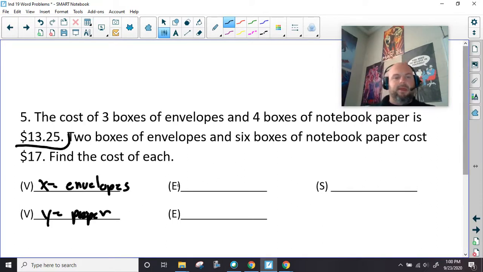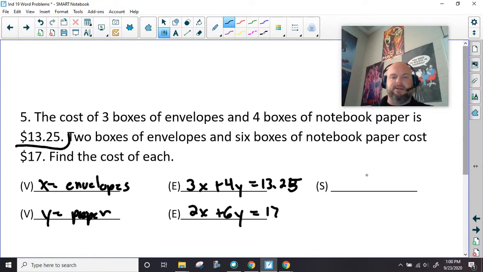So we have 3 boxes of envelopes. We have 4 boxes of paper, and it equals this right here. All right. Now the other one says 2 boxes of envelopes and 6 boxes of paper cost $17.